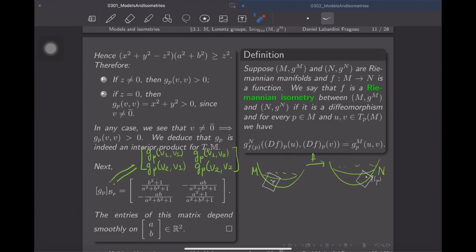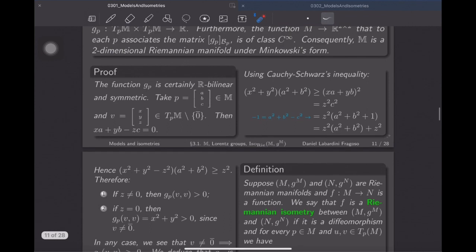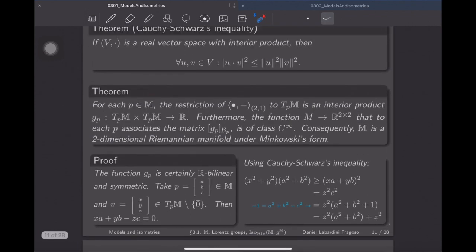So what I'm verifying is that the hyperboloid becomes a two-dimensional Riemannian manifold under Minkowski's form, more correctly, by considering Minkowski's form restricted to each of the tangent planes at the points of the hyperboloid.